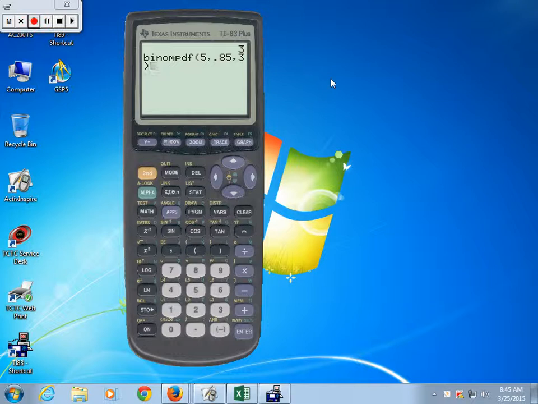Of course, it's got a different example, but I'm giving you an example that you can put in your brain. And that probability is 14%.